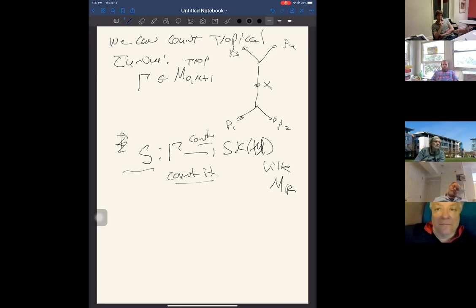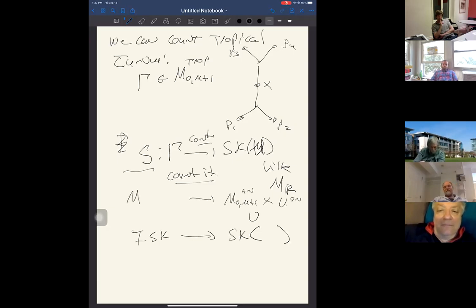Well, notice that if I take the pair, let's go back to that diagram that I drew. What was that diagram? It had ISK, that mapped to the skeleton, and the skeleton lived inside of, over here we had M0, M plus 1, cross U, everything analytified. And here we had the space of analytic maps.